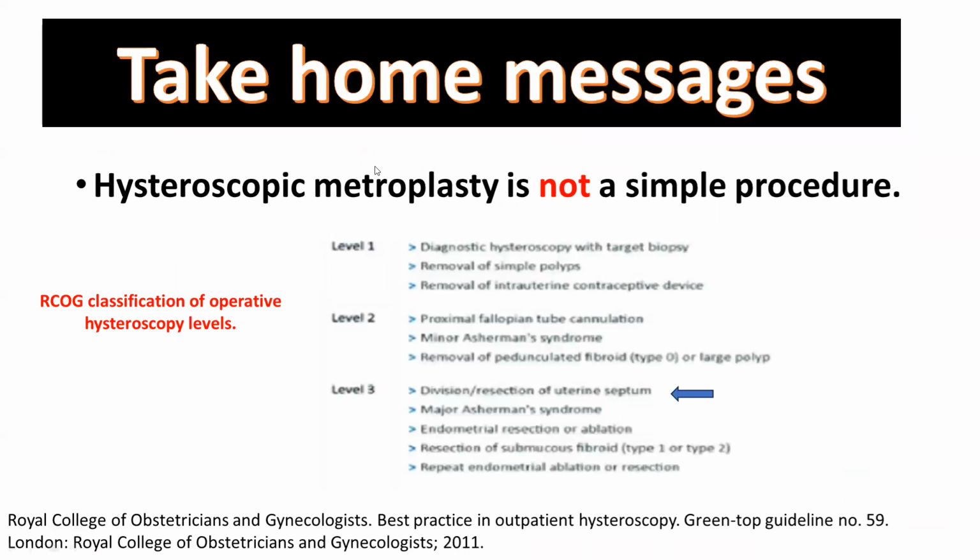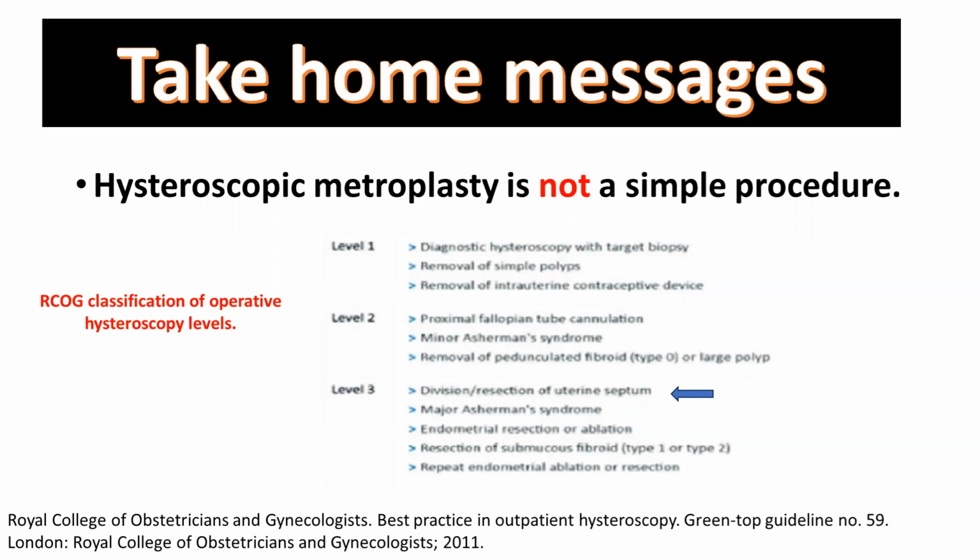By this way, we covered the topic of undertreatment, overtreatment, and no treatment versus appropriate treatment, which is to avoid over- or under-treatment. In conclusion, hysteroscopic metroplasty is not as simple a procedure as thought by many doctors.